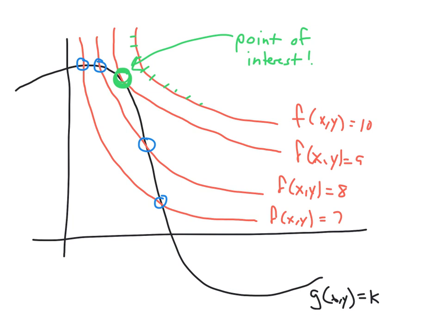What we see that's special about that particular point is that the two curves, the curve given by the constraint and the level curve, are actually tangent to each other. They just touch at that point and then back away. And of course, what that means is that they have the same exact tangent line.